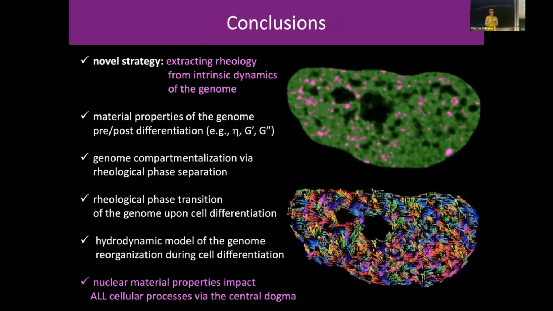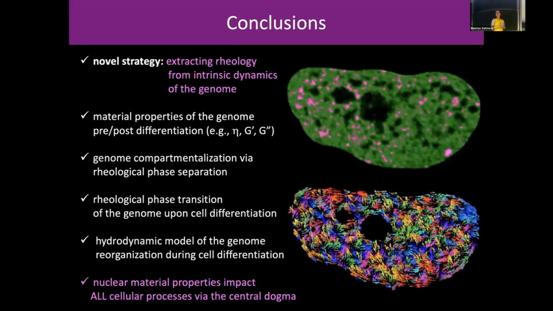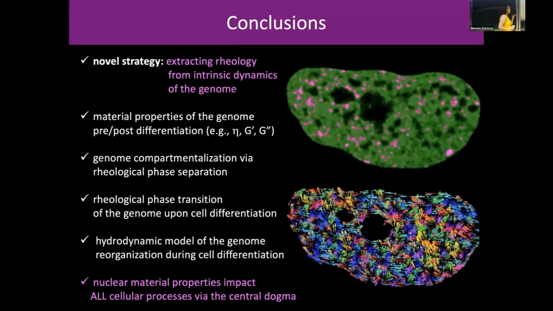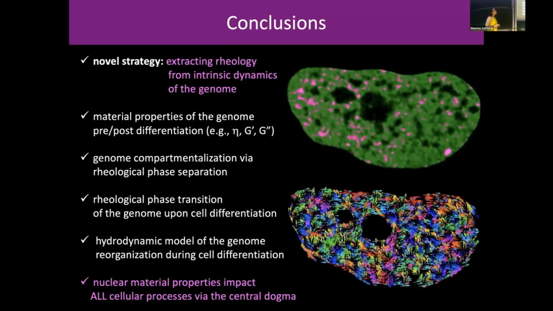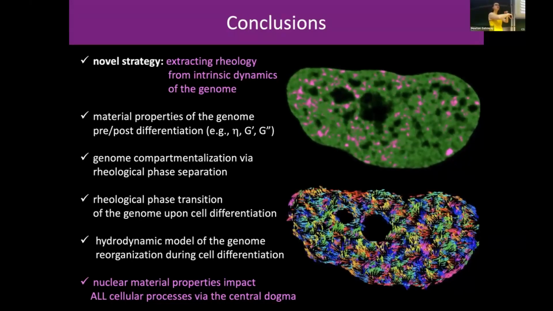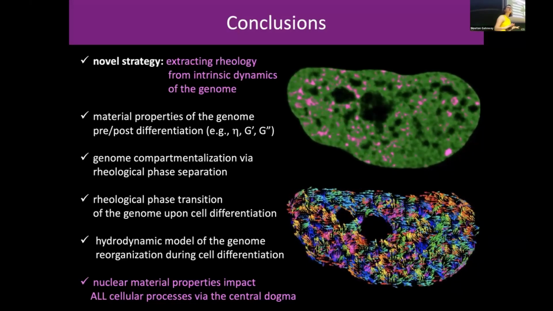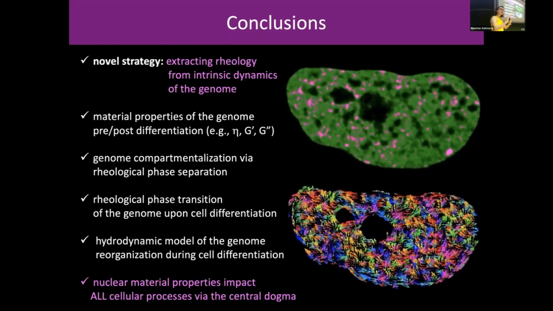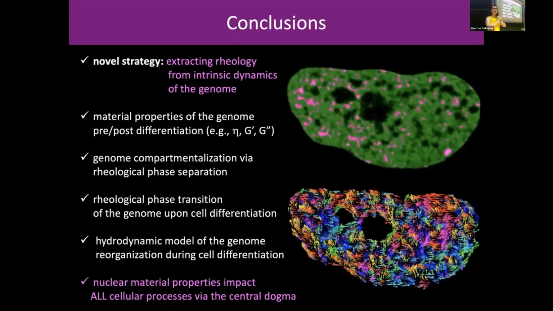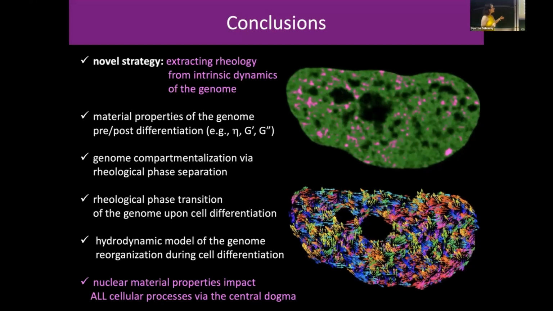So to conclude, I hope that I was able to show you our novel methodology that we found to extract the rheology from live cells. I would like to stress that the way we extracted the material properties is completely non-invasive, meaning we have purely looked at the cells, right? They don't even know we're there. We have not inserted any probes or anything, and we obtained these material properties.